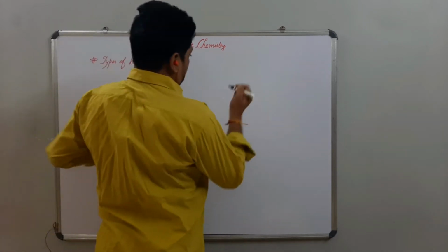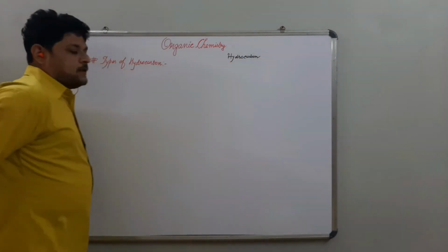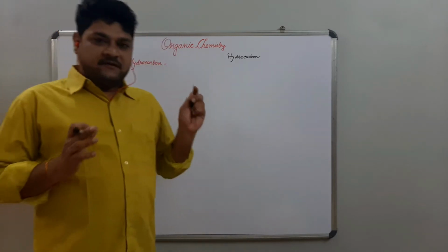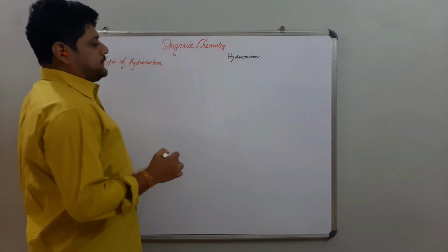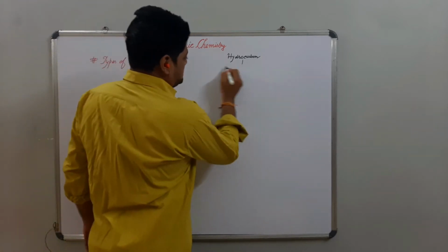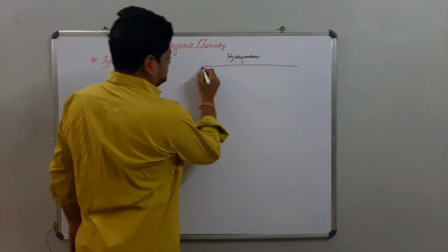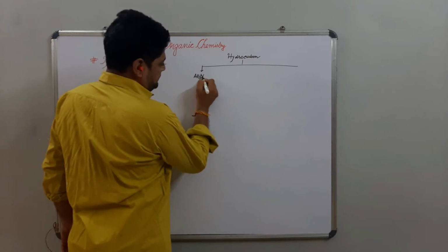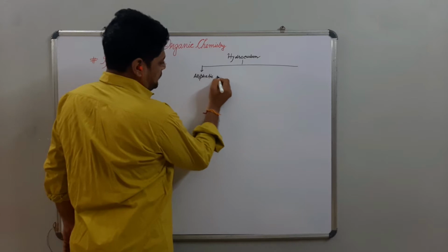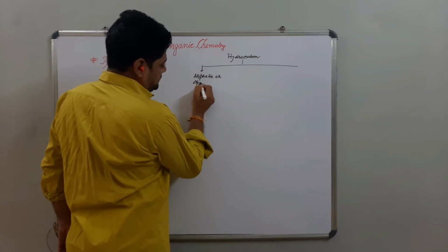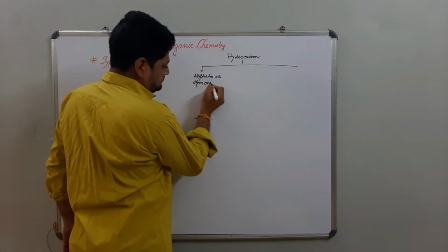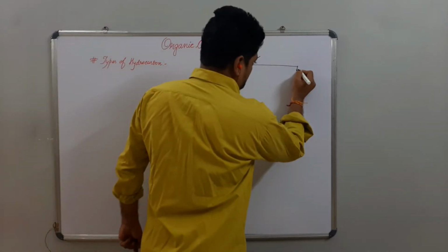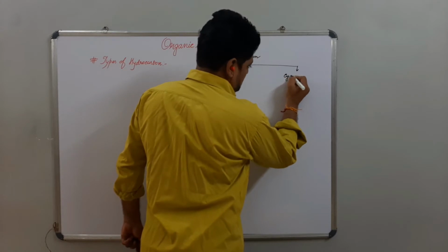If a hydrocarbon is generalized, basically it is divided into two types. First is aliphatic or open chain, and second one is cyclic.